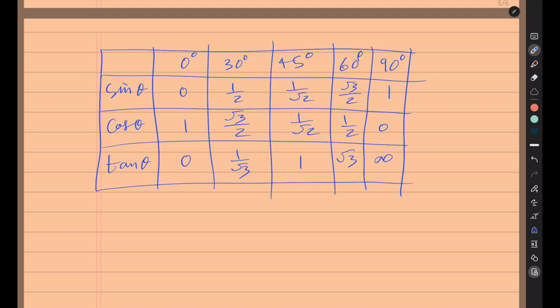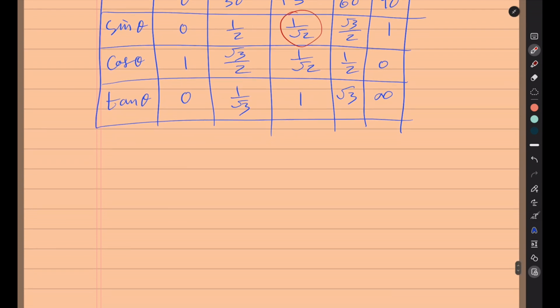Why is it that? We have already learned, for example, why this is 1 by root 2. It's very simple. For the angle of 45 degree, let us make a small right angle triangle, where this is 45 degree, this is also 45 degree.